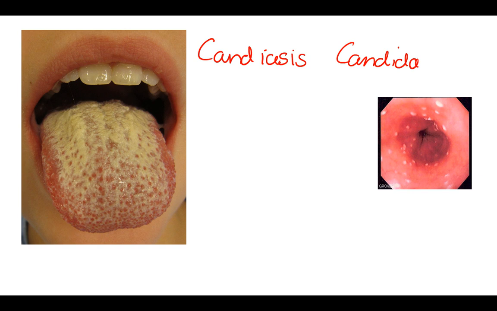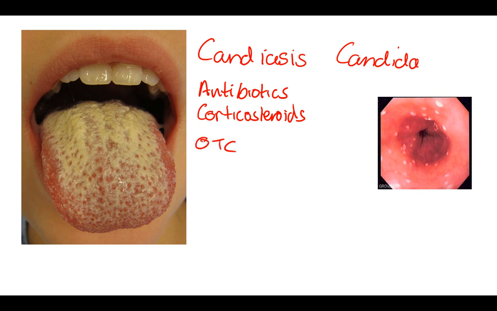Okay, there's a few other associations, so they can be caused by antibiotics as well. Okay, but often it's more immunosuppressants or corticosteroids that tend to cause these infections. Fairly treatable, over the counter. Okay, in the case of the one on the left, you could give miconazole oral gel, or Daktarin oral gel.